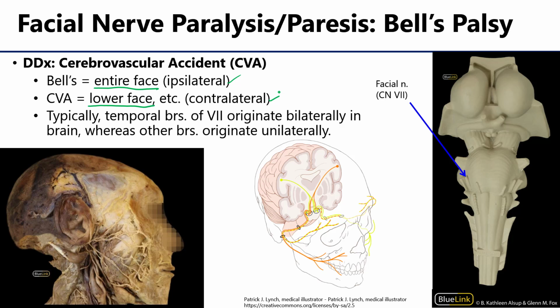So let's start with Bell's. Let's assume that this is the condition. Well, recall that the motor root is exiting the stylomastoid foramen and breaking up into the temporofacial divisions and cervicofacial divisions out to serve the facial muscles.